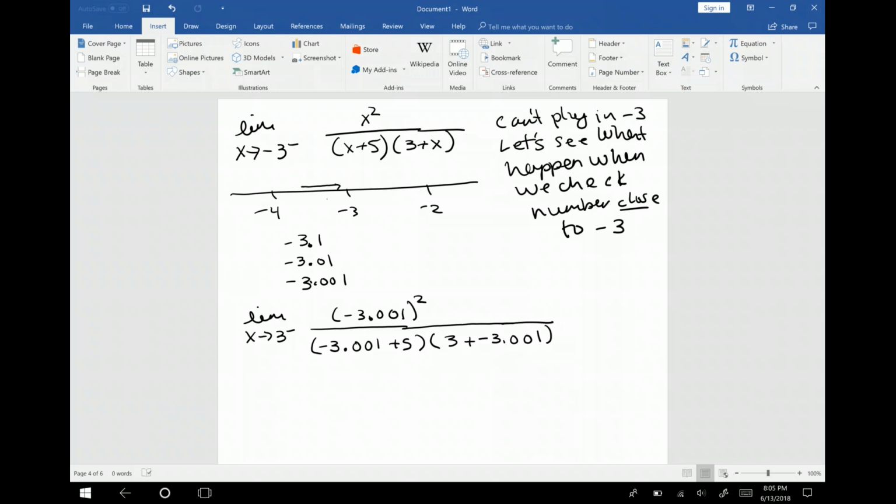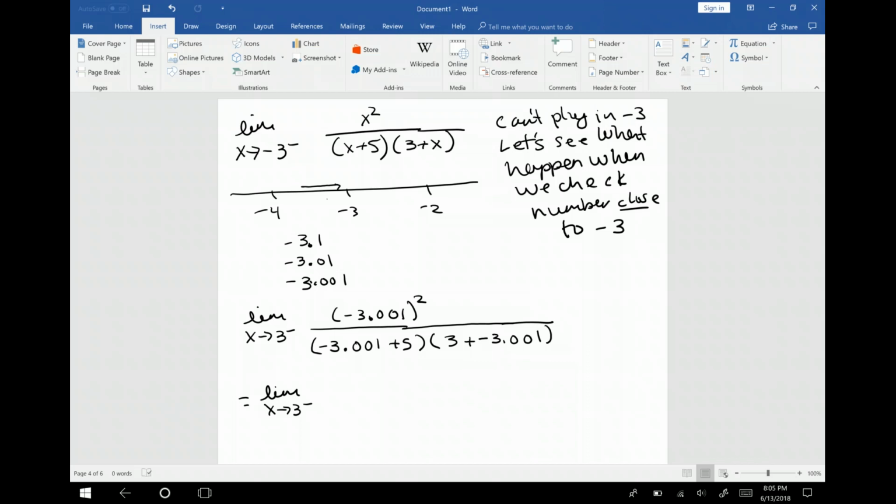We can think about what's going on here and get our answer after we've done a few of them. But since we haven't, let's plug it into our calculator. So -3.001 squared.